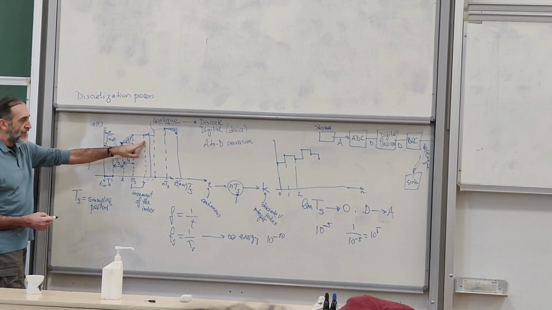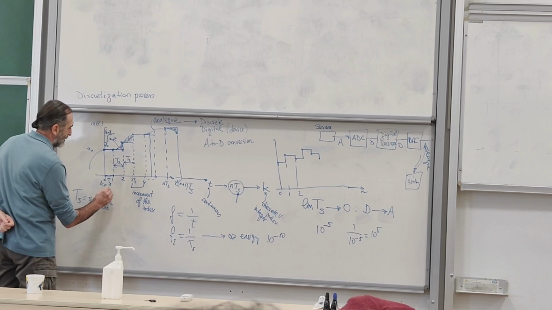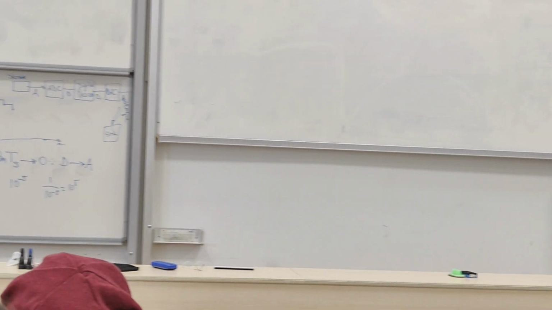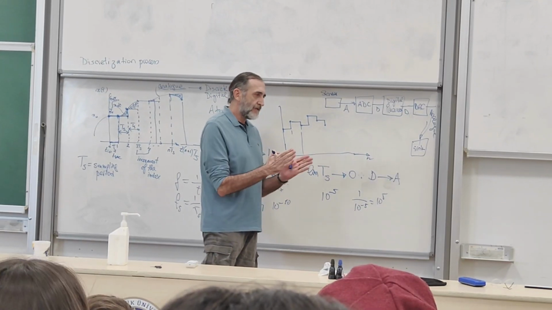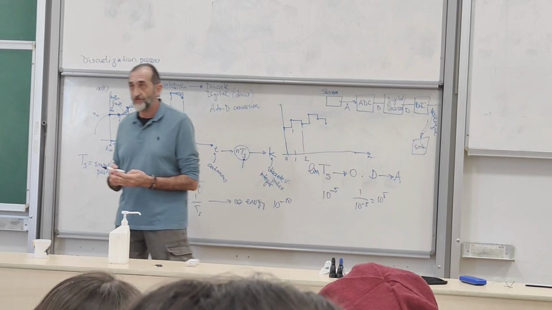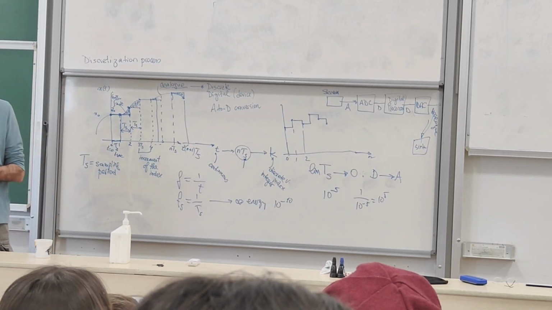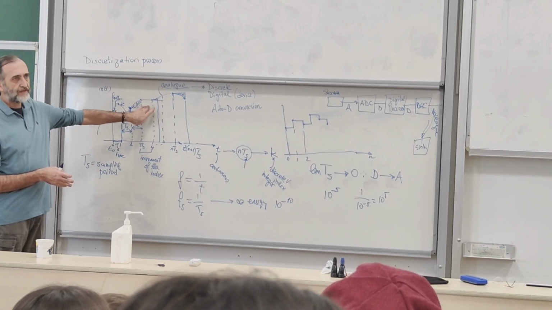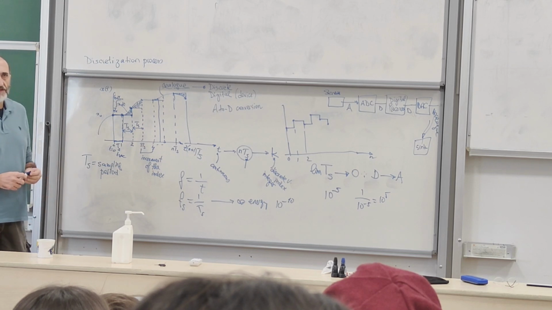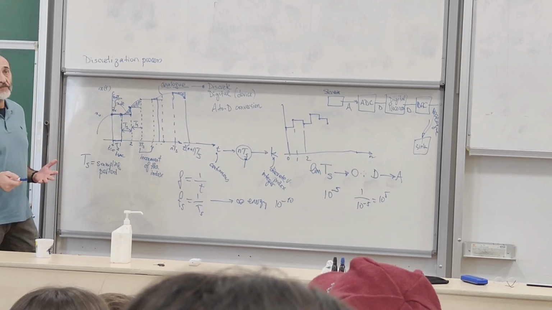Okay? So if the Ts is 1 second, then you are taking the data every 1 second. Your sampling period is 1. Your sampling frequency is also 1. But as your sampling period decreases, your sampling frequency increases, and you start taking more and more samples every second.